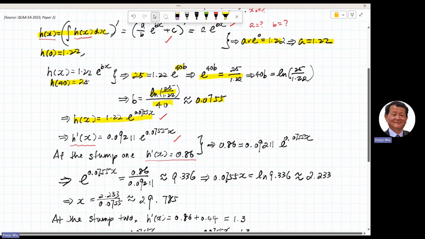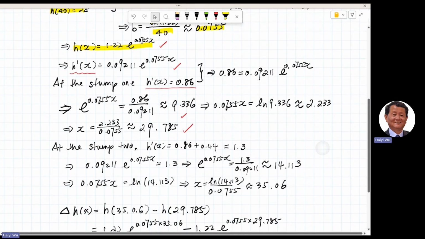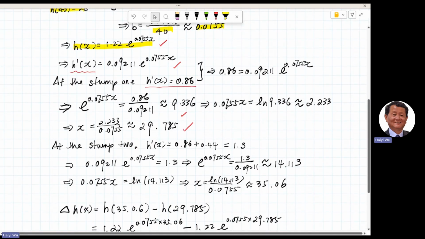So you can see what I did: I just took the inverse. Divide, then do the inverse function, which becomes log. So x ends up being 29.785. At stump 2, we use the same method, but stump 2 is a difference of 0.44 from the first.